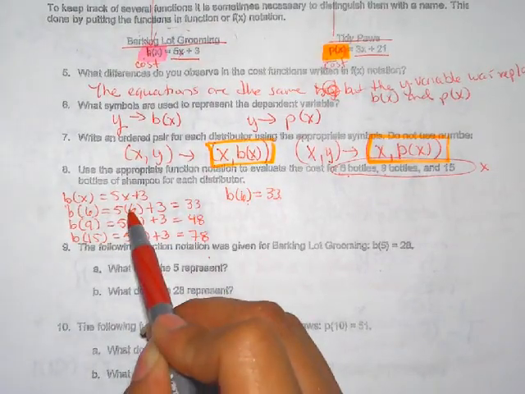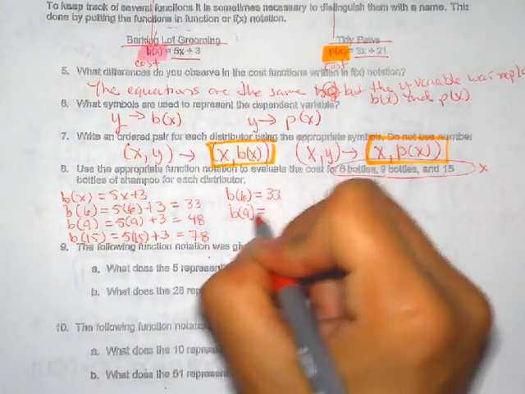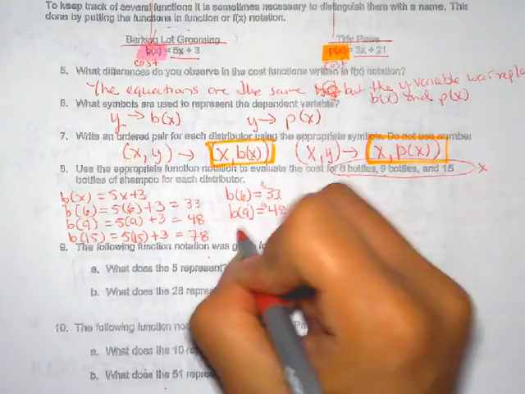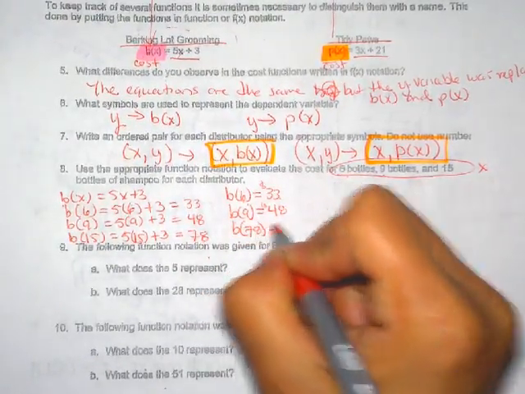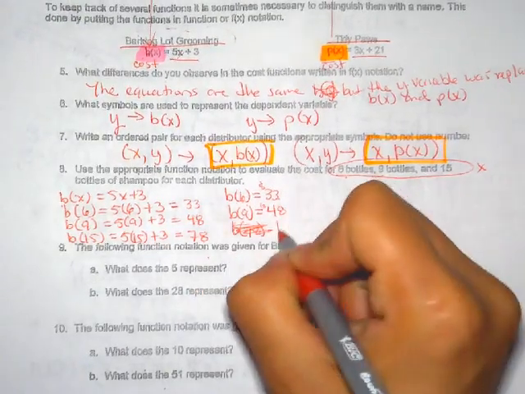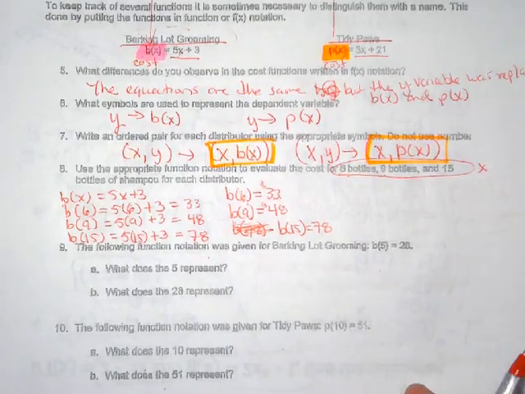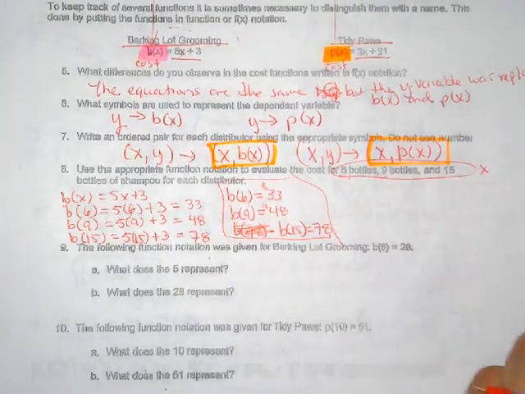So 6 shampoo bottles will cost 33. 9 shampoo bottles with Barking Lot Grooming will cost 48. Well, actually, we don't need the money sign for function notation. Oops, darn it, I messed up on this one. B of 15 will cost 78, or equal 78. So this is our function notation. So this is what I'm going to be looking for in your homework.